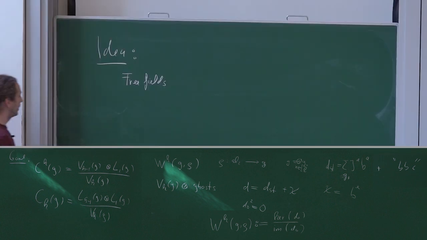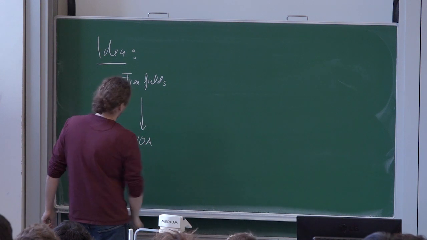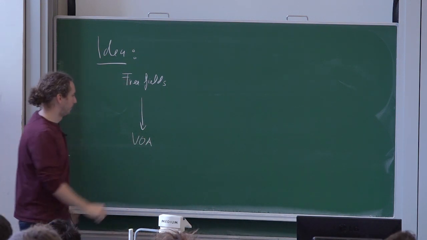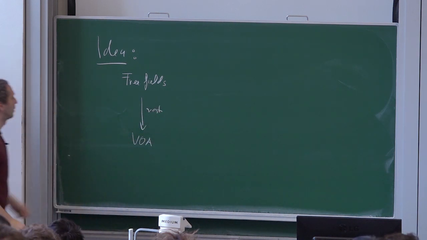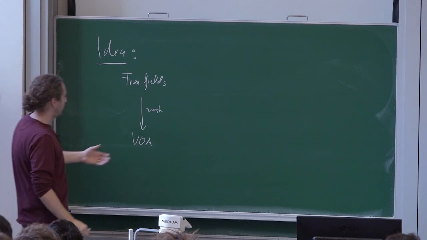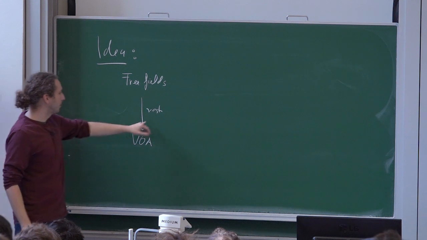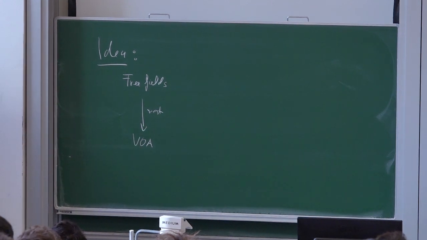And then you would like to be able to embed your interesting algebra, your interesting conformal field theory, in there. So you can just restrict to the sub-algebra. And this is then usually called a free field realization of this interesting algebra. And this restriction map you can usually realize as the kernel of screening charges.